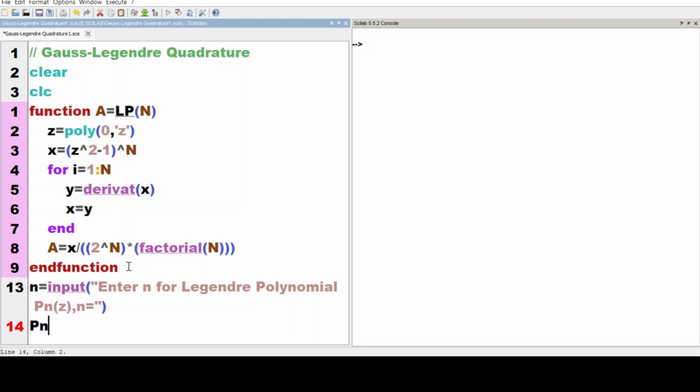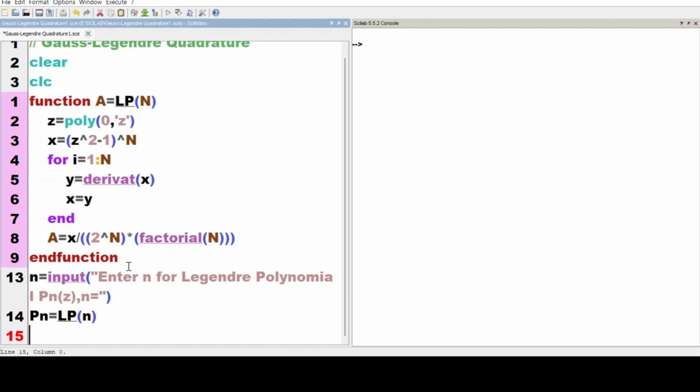Now we write Pn is equal to Lp of n, we write mprintf backslash n, now we write P percentage d z is equal to percentage s, comma n, comma pol2str, we write Pn. Now we execute the code.